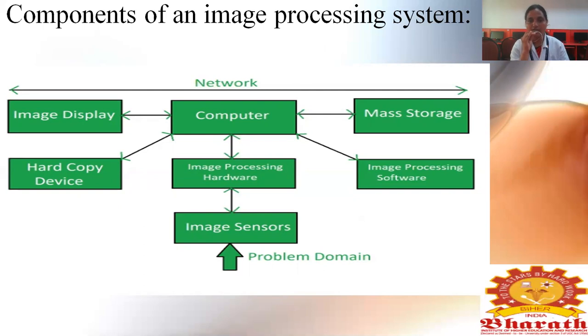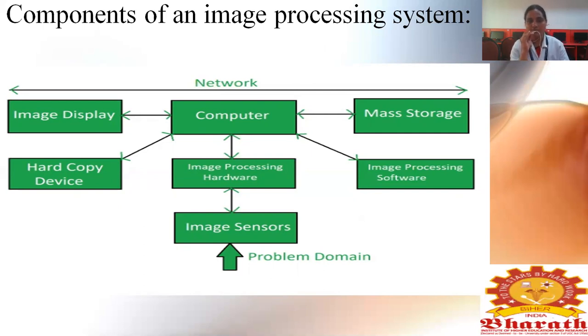After that it goes to the digitizer. The digitizer is hardware which converts the sensed image into a digital image. After converting to the digital image, that will be fed into our personal computer or digital computer for further processing.